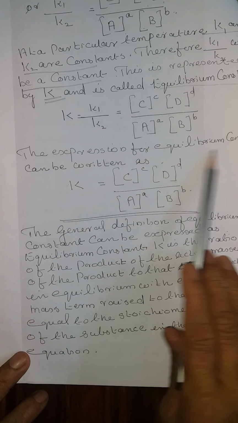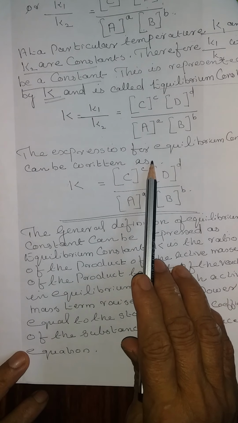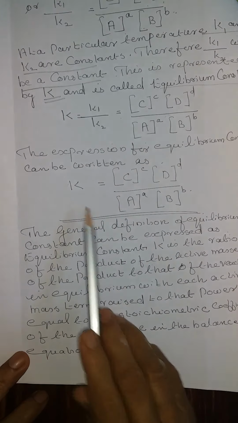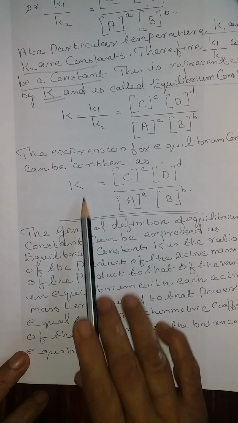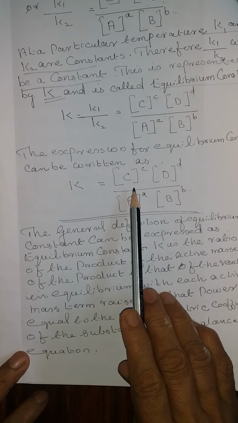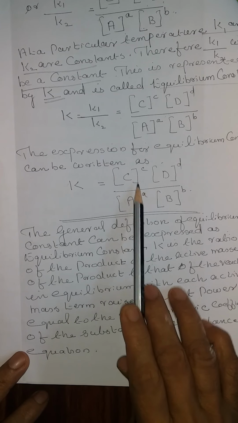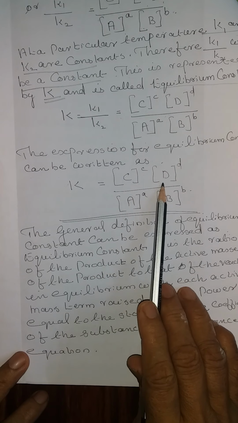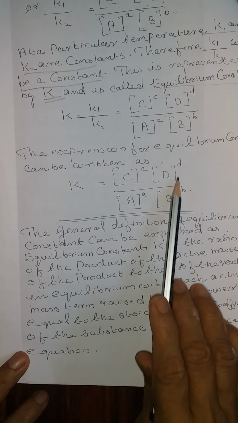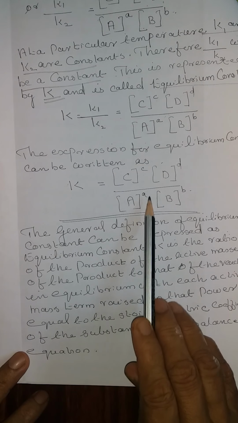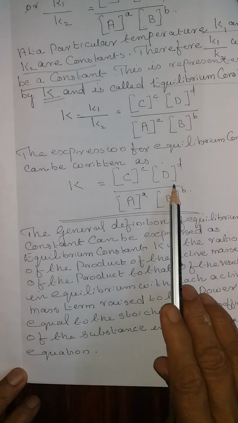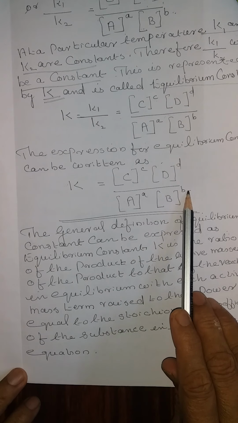The expression for equilibrium constant can be written as: K is equal to [C]^c [D]^d divided by [A]^a [B]^b.